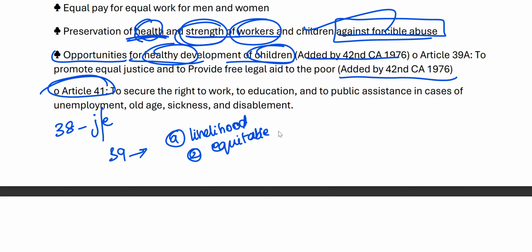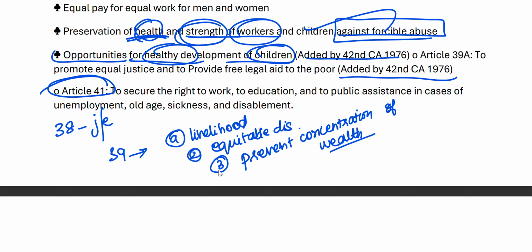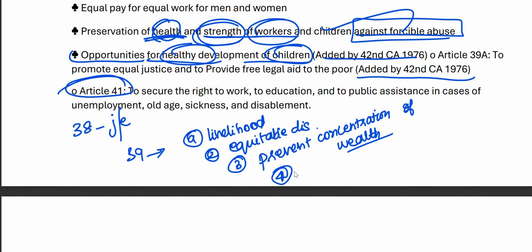And once the resources are distributed, we need to prevent the concentration of the wealth. Then once the concentration of the wealth is being prevented, we need equal pay for the equal work.